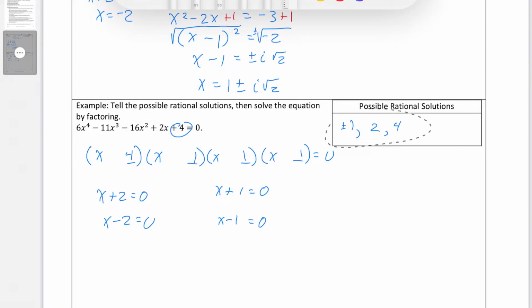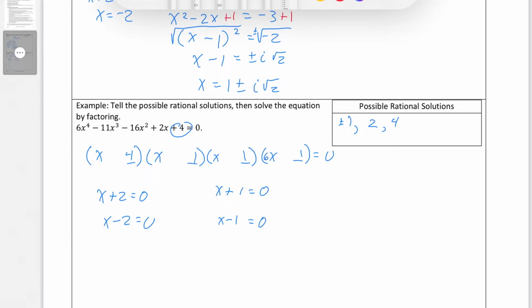Now, the next thing that I have to realize is this. Not only do those last terms have to create the 4, the first terms have to create a 6. Well, what does that mean? Well, maybe one of those factors was a 6x with a 1.